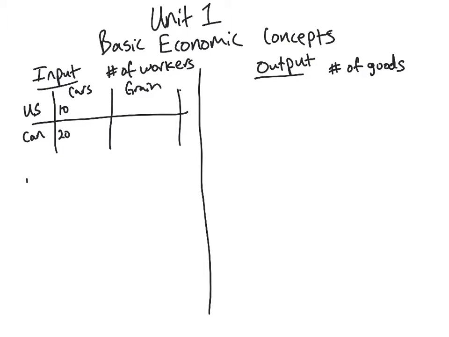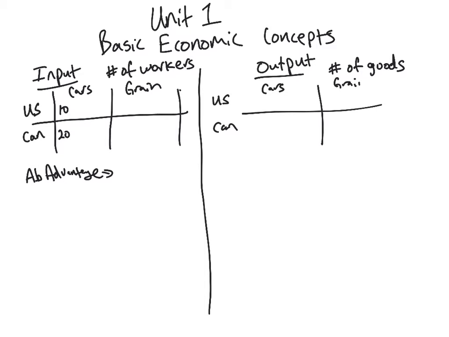So in those sorts of terms, when we talk about absolute advantage, which country has the absolute advantage in car production? Well, it's the one that takes fewer workers to produce the good. All right, so if we look at it like this, we have the U.S. cars, Canada cars, and we can produce grain, and let's say that each country has 100 workers.